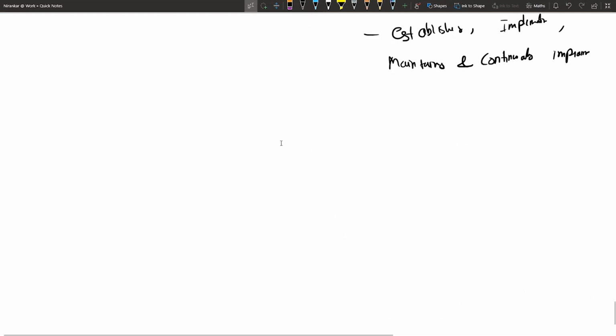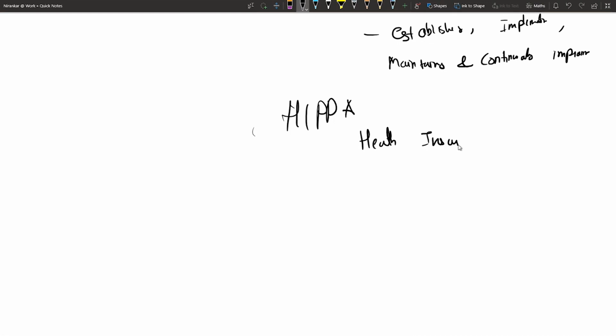Then there's a term HIPAA. These are the standards. HIPAA is Health Insurance Portability and Accountability. HIPAA has some different rules.